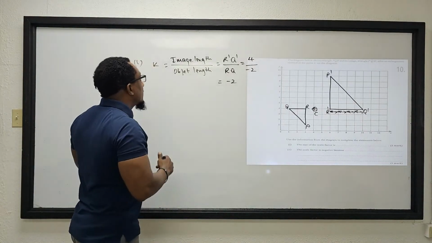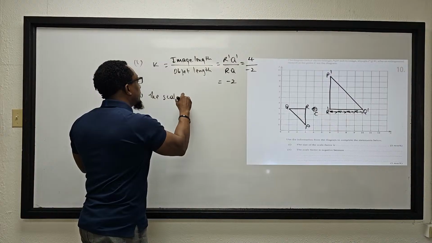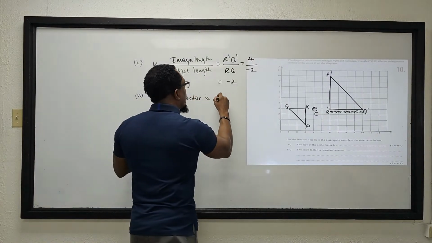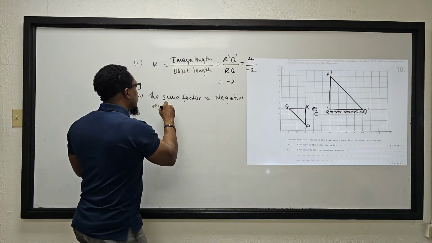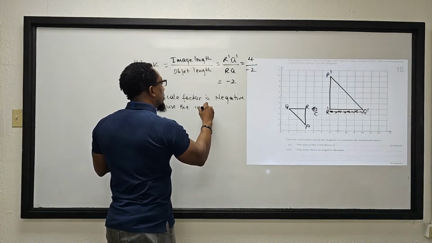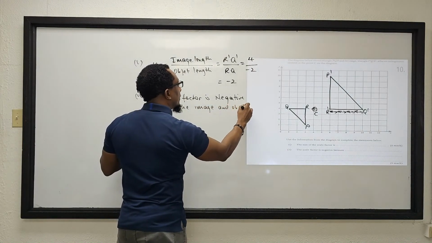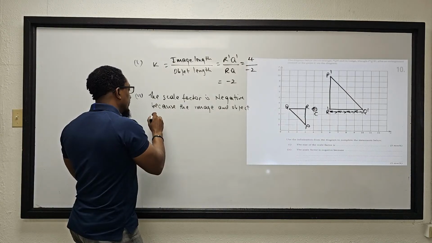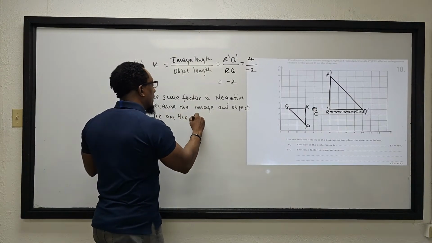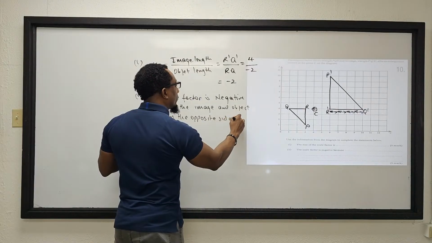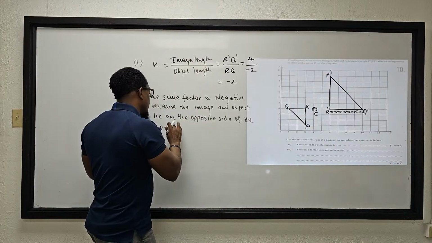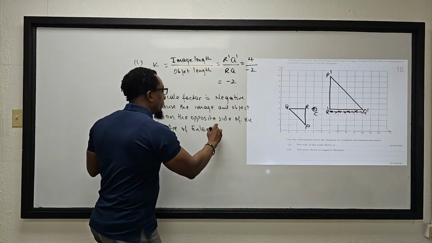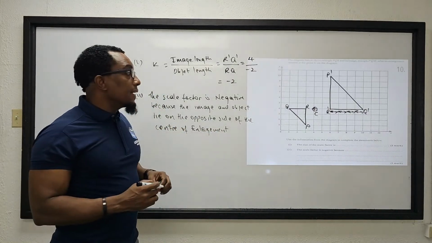So the scale factor is negative because the image and object lie on opposite sides of the center of enlargement.